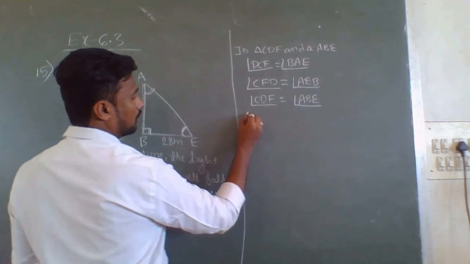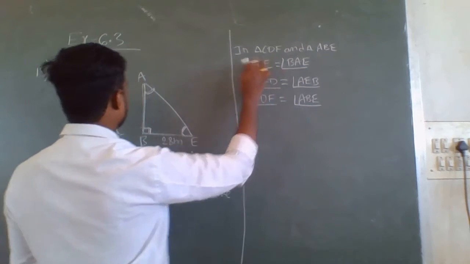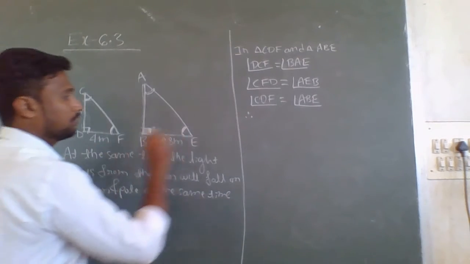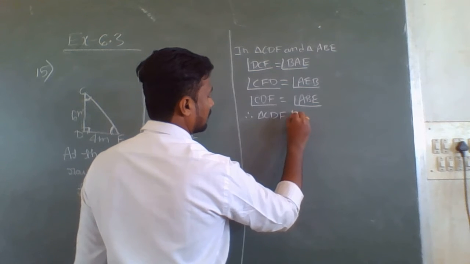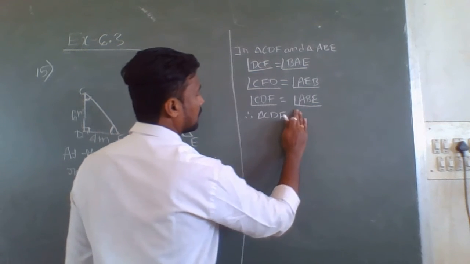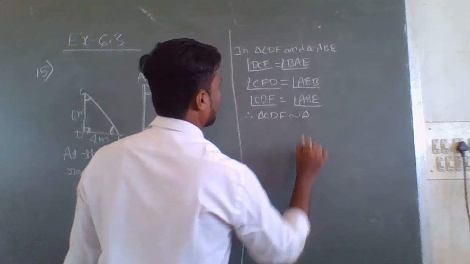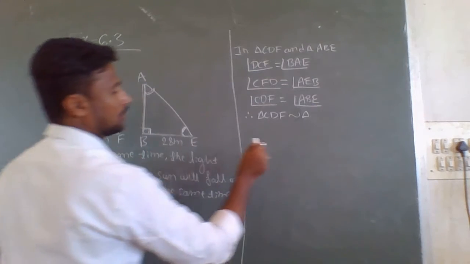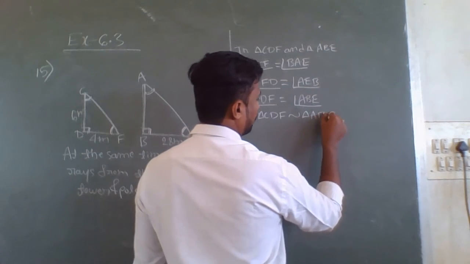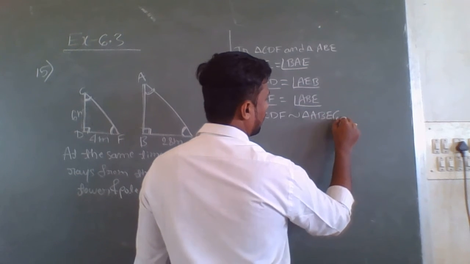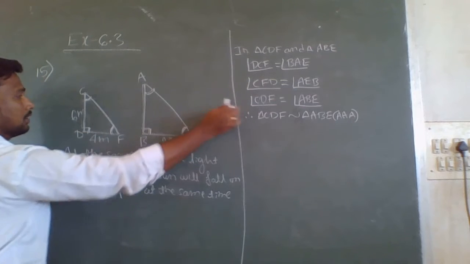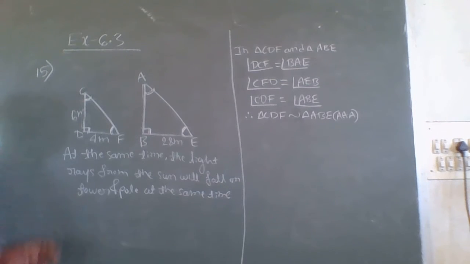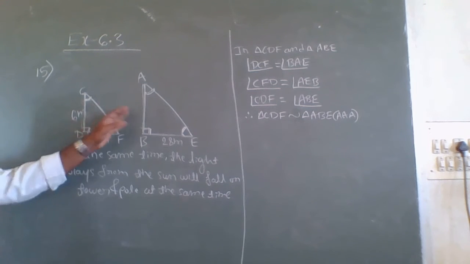Therefore, what you can write? Triangle CDF is similar to triangle ABE by AAA similarity, because these three angles are equal.